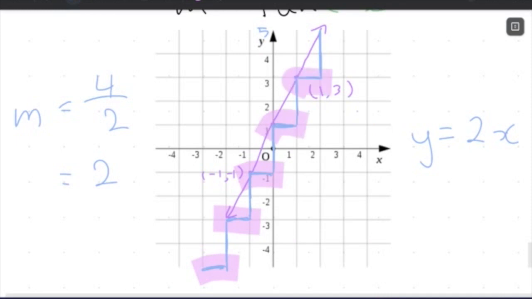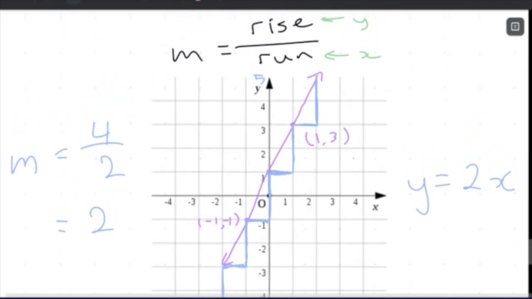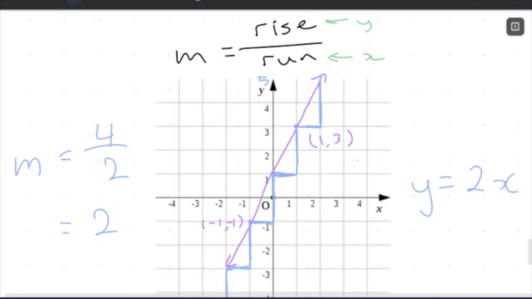And our gradient tells us that. Now we'll look at some more explicit formulas here, but I'm hoping this definition of our gradient as a ratio of our change in y to our change in x gave you a pretty good confirmation of the things we talked about in the last couple of videos.